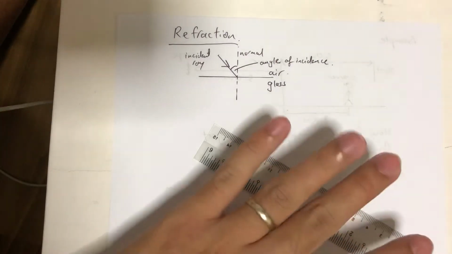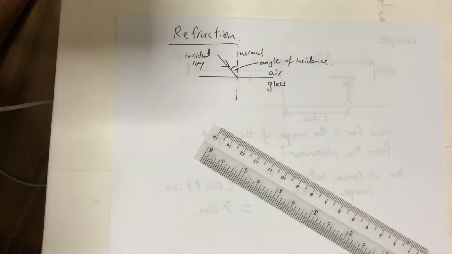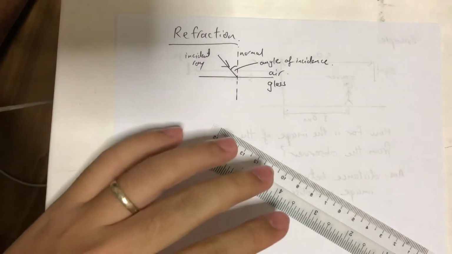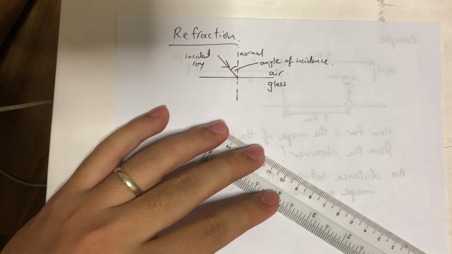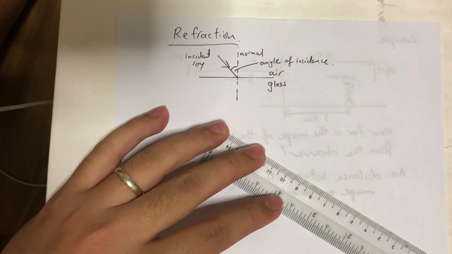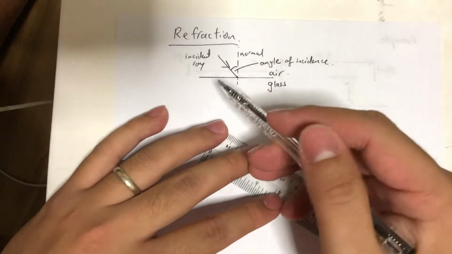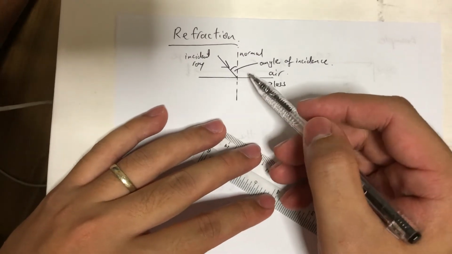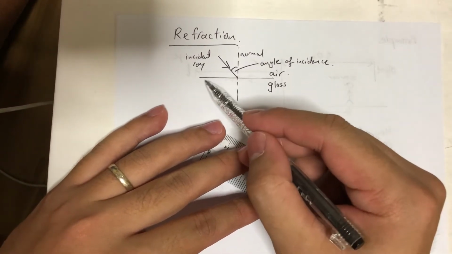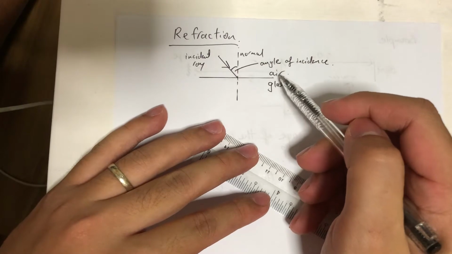So let's go back to our ray diagrams to help us understand. Like before, there are a lot of common terms that we are using throughout this video, so I will start off with what we already know. Firstly, let's talk about the air and glass.